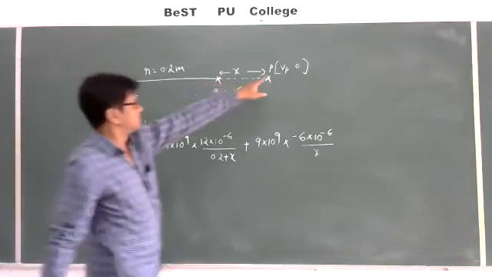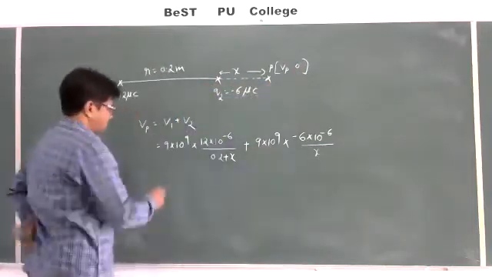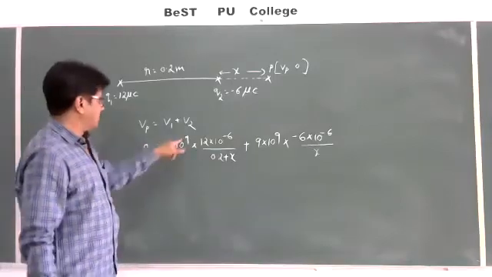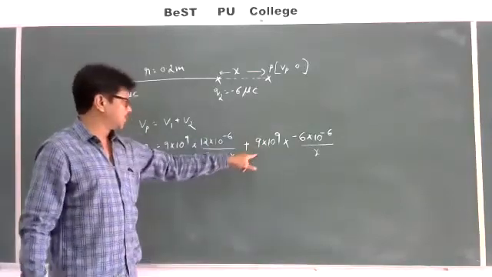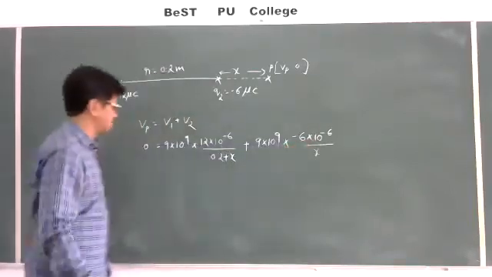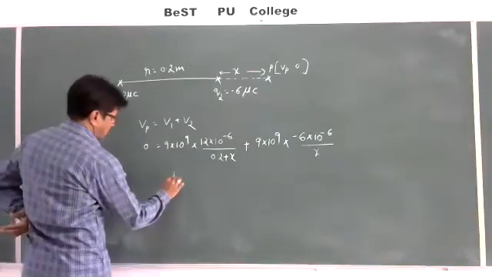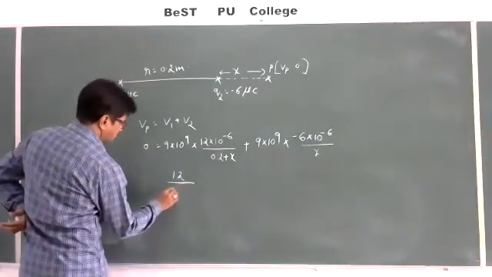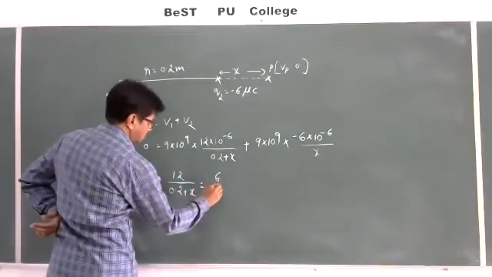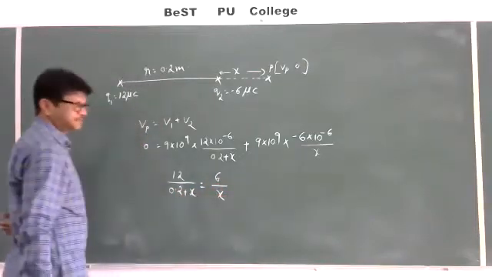As we know, the potential at the point is 0. Now 9 into 10 to the power of 9 and 9 into 10 to the power of 9 get cancelled, 10 to the power of minus 6 and 10 to the power of minus 6 get cancelled. Then we are going to have 12 by 0.2 plus x is equal to 6 by x.